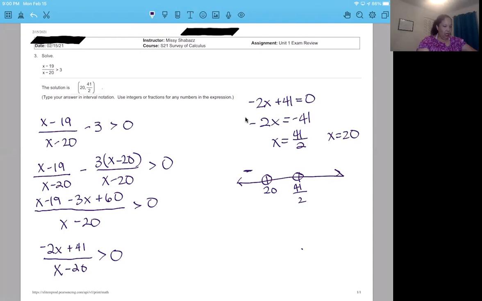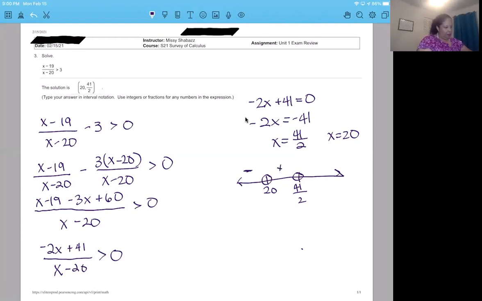And in the numerator, -2 times 20.1 plus 41 would give me something positive. I'd also get something positive in the denominator. So that's going to give me something positive.